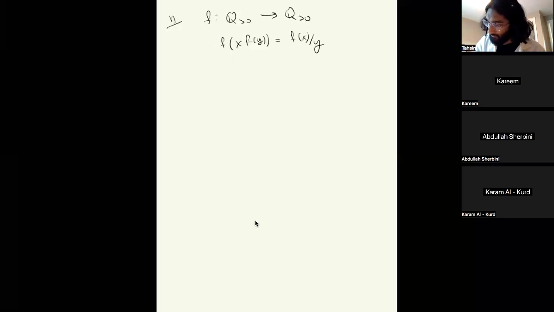Okay, so what's the idea here? Did anyone have any observations for this one? Can we prove it's a bijection?